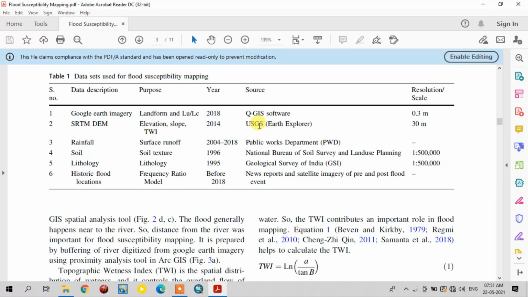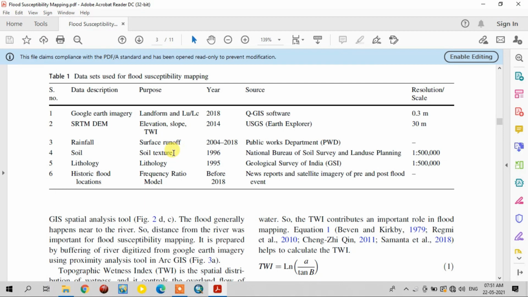It is downloaded from the USGS Earth Explorer website. This one is 30 meter resolution. And rainfall is used for surface runoff. It is collected from the Public Works Department, one of the government departments in India.